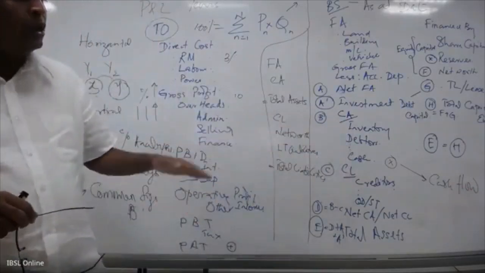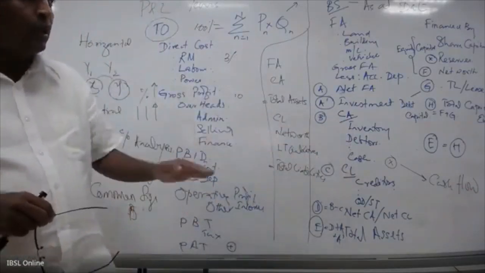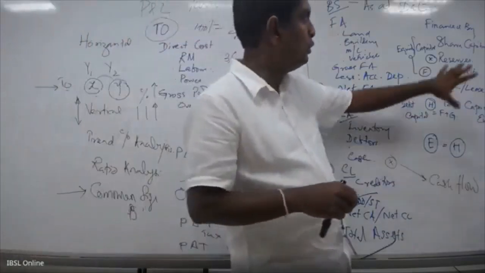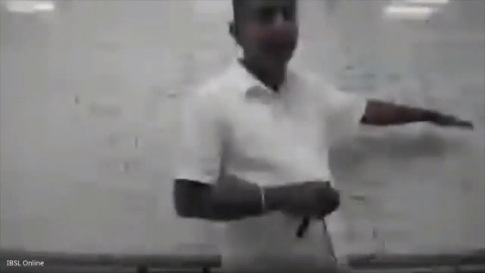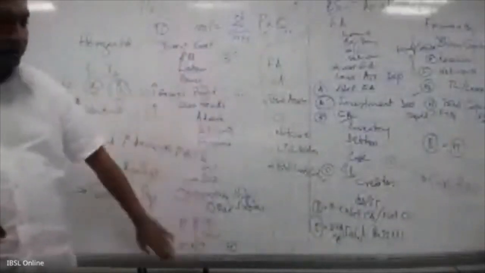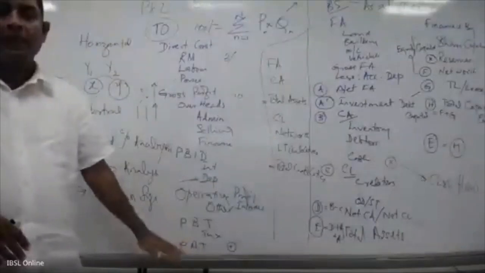Then you have solvency ratios. Solvency ratios are to do with finance, the long-term funding part. Profitability ratios are to do with the P&L: gross profit margin, net profit margin, ROE, all those things. Whenever it says profitability ratios, it is something to do with the P&L.